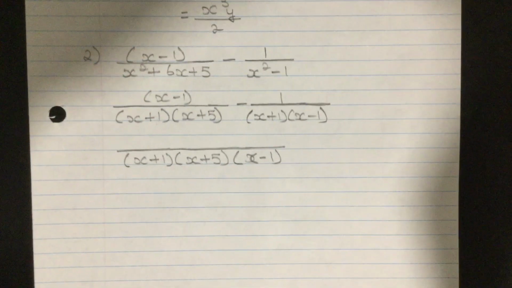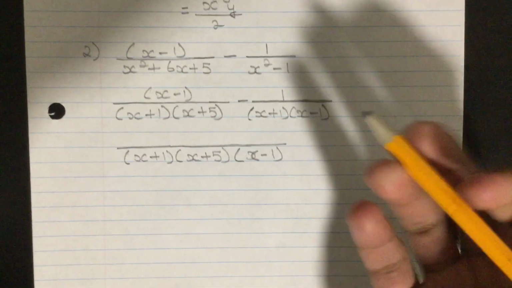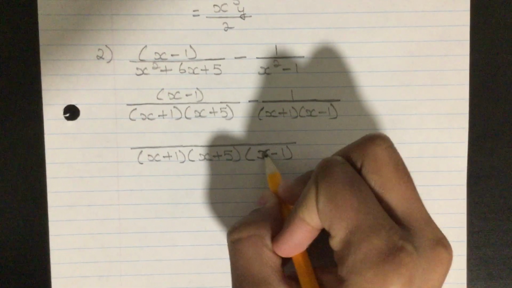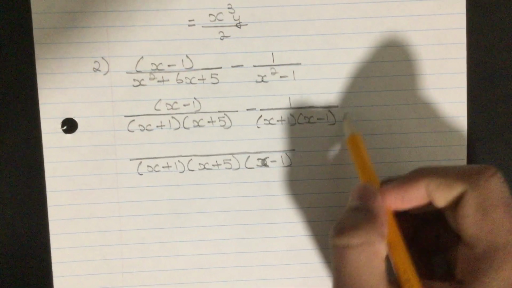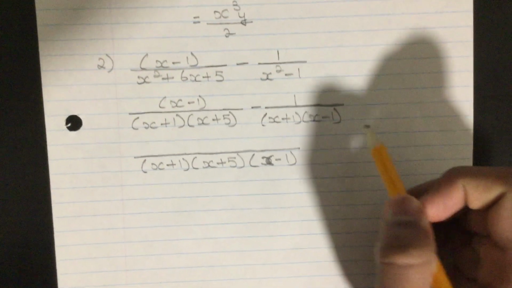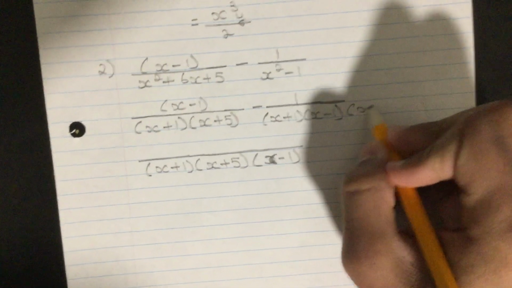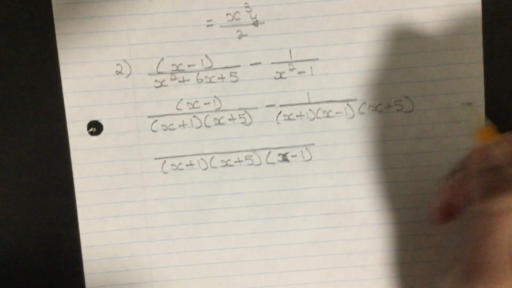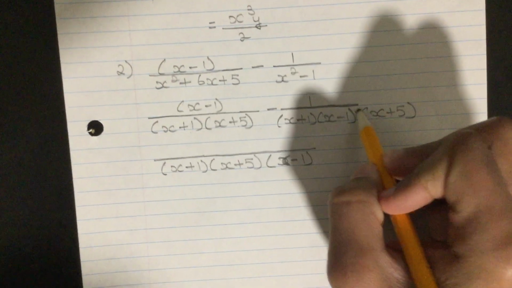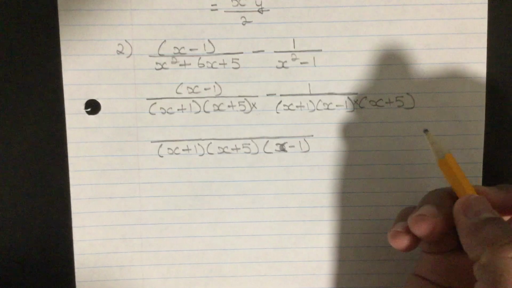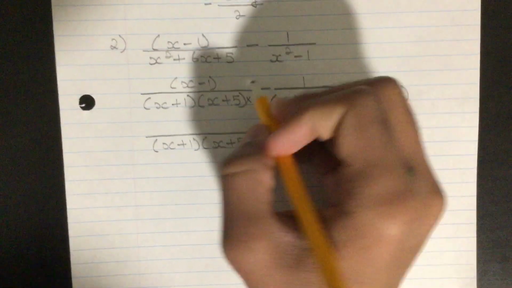Okay. So now we need to continue calculating by putting in the factors that are missing over here. So in this expression we're missing x plus 5, right? So just add x plus 5 over here, and over here we're missing x minus 1, so multiply it with x minus 1.